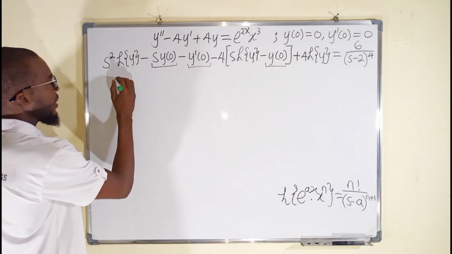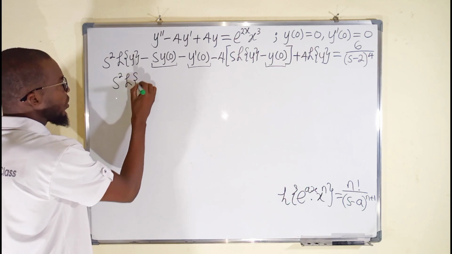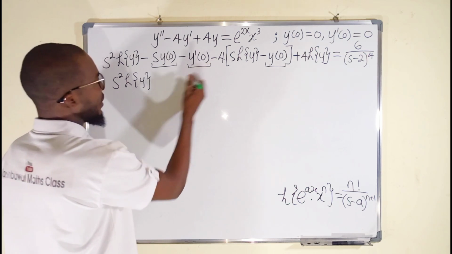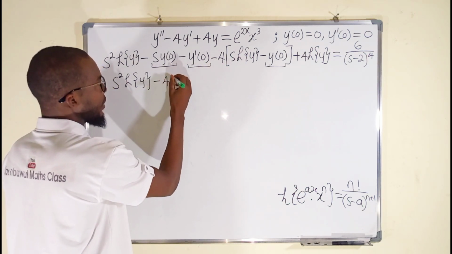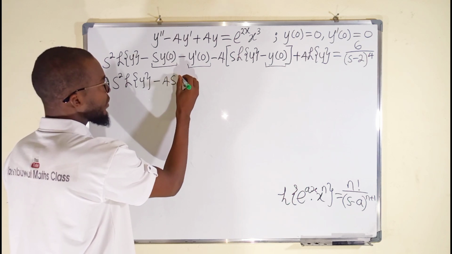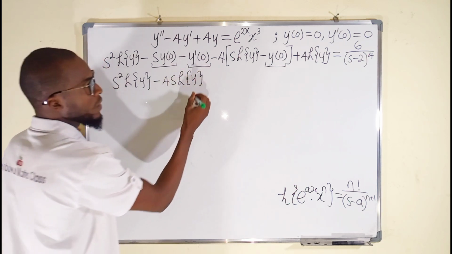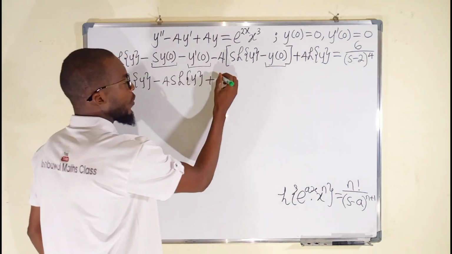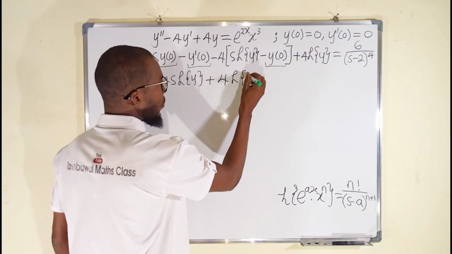Here we have s power 2 times the Laplace transform of y. This is 0, this is 0. Then minus 4 times this, we have minus 4s multiplied by the Laplace transform of y. This is 0. Then we have plus 4 multiplied by the Laplace transform of y.